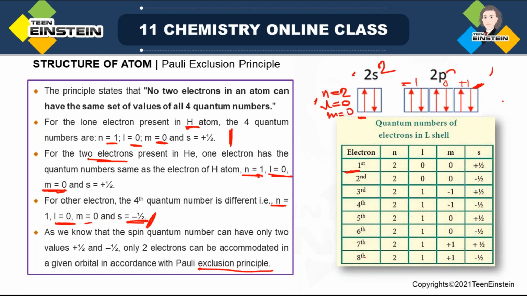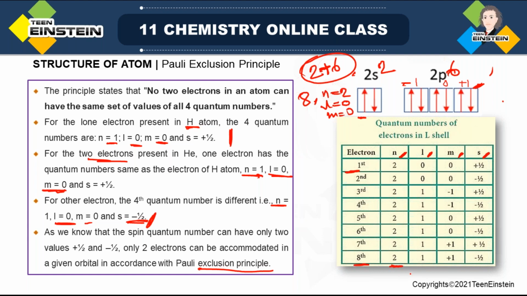Starting from first up to 8th, because here we have total 2s2 2p6, 2 electrons in s, 6 electrons in p. So total 8 electrons. For these 8 electrons, in this table we have all the 4 quantum numbers. And if you look carefully, all the 4 quantum numbers are not the same for these 8 electrons. At least one must be different.